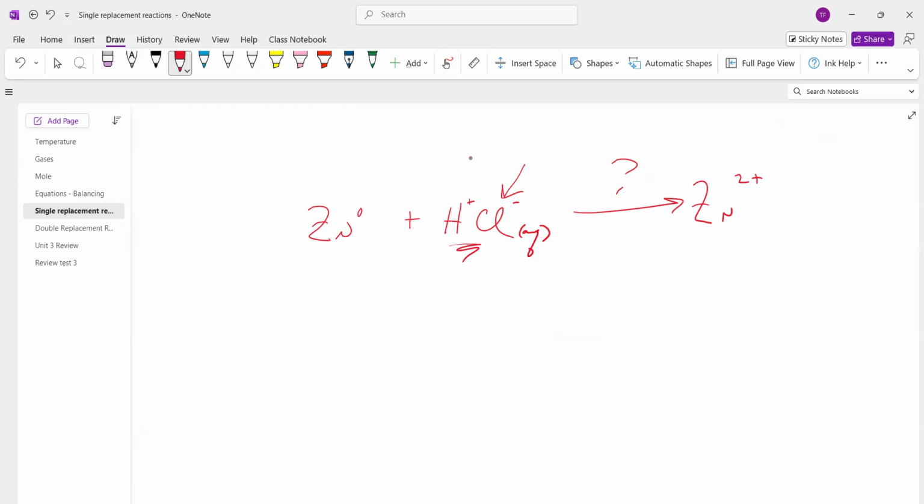Chloride is the spectator, so nothing happens to it, and we can ignore that for now. We're just going to look at an H plus. What does H plus do? Look on your activity table, about two thirds of the way down.